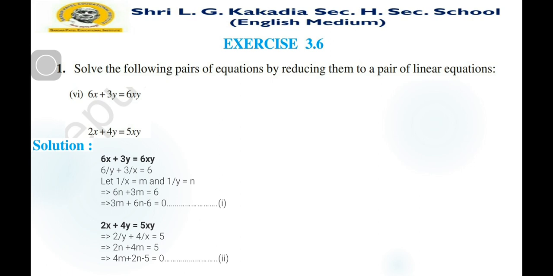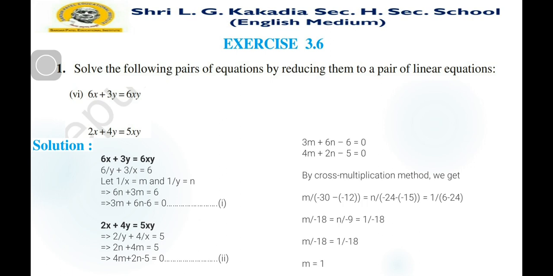Now using one of the methods, elimination method, cross multiplication method, or substitution method, we can find the values of m and n. Now we have equation 2 as given here. By the cross multiplication method, we get m divided by minus 30 minus 12 is equal to n upon minus 24 minus, in bracket, minus 15, and 1 upon 6 minus 24.